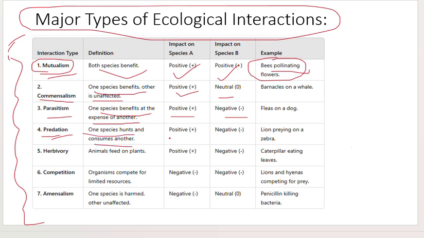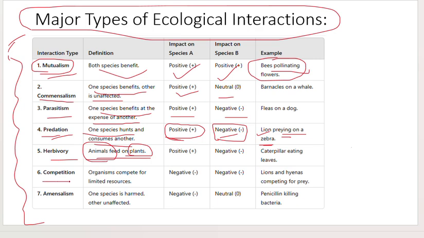The predator, who hunts or eats, benefits, and the prey, who is eaten or hunted, is affected negatively. For example, a lion preying on a zebra: the lion benefits by getting food, and the zebra dies. So this is predation. Herbivory: animals feed on plants. Here the animal benefits and the plant is affected.